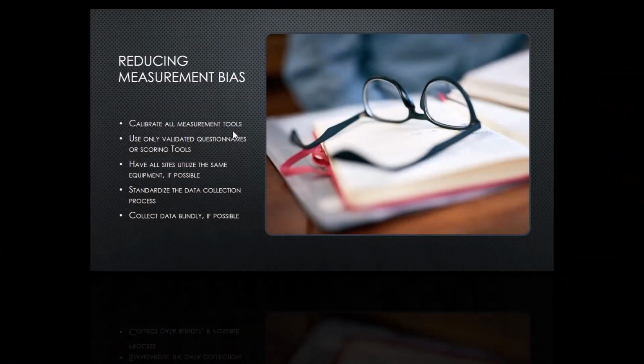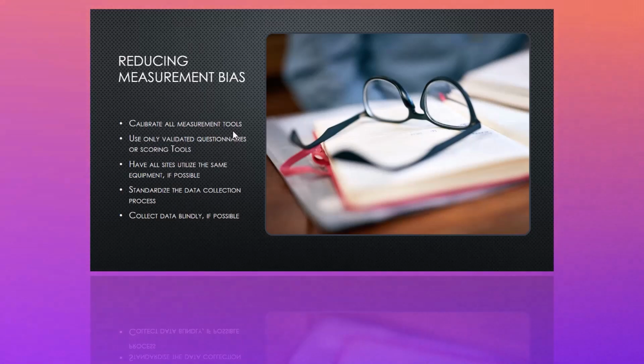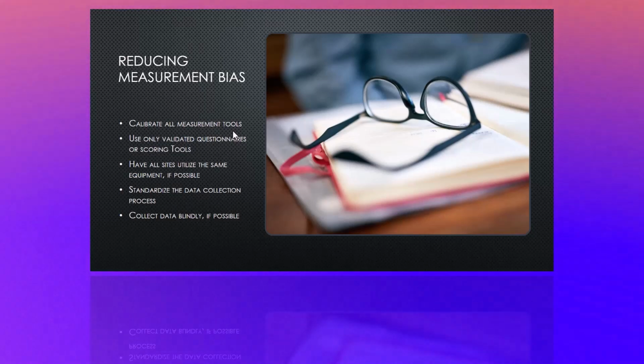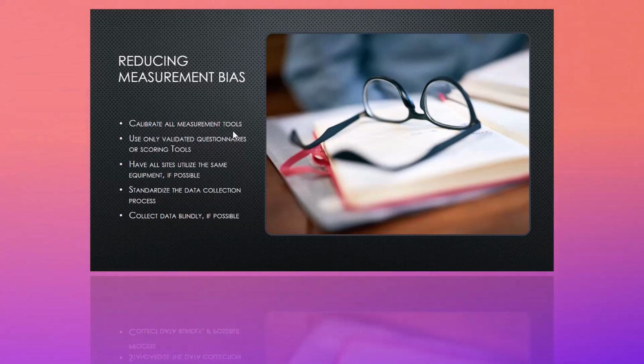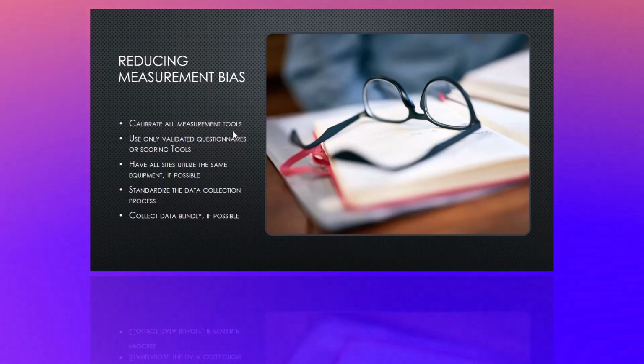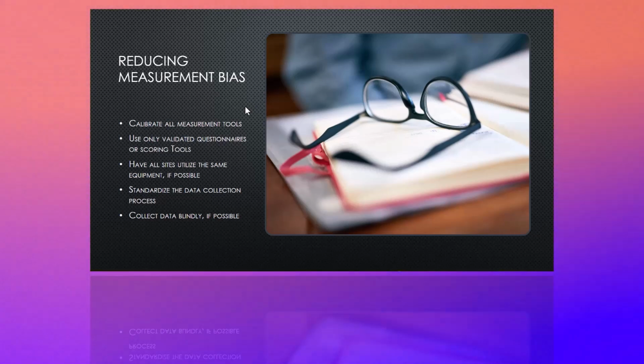So how do we reduce measurement bias? Calibration. Calibration is hugely important with those objective measuring tools. When it comes to the more subjective measurements, such as questionnaires and scoring tools, we could use only validated questionnaires or go through the process ahead of time of validating that questionnaire.